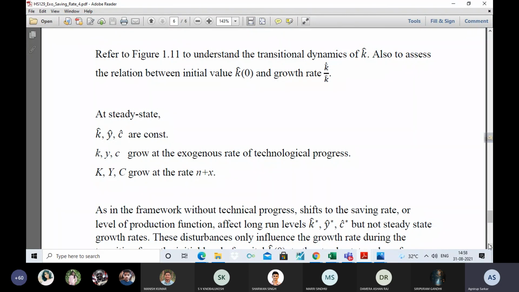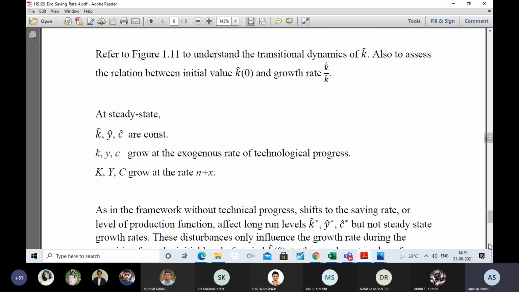Notice that, as in the prior analysis, neglected technological progress, shifts to the saving rate, or the level of the production function affect long run levels, that is k hat star, y hat star, and c hat star, but they do not affect the steady state growth rates, right? As before, these kinds of disturbances basically influence growth rates during the transition from an initial position.